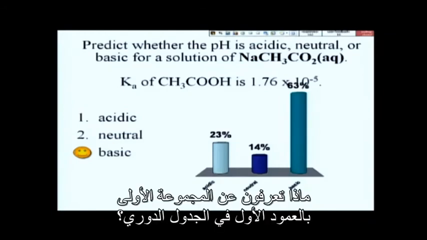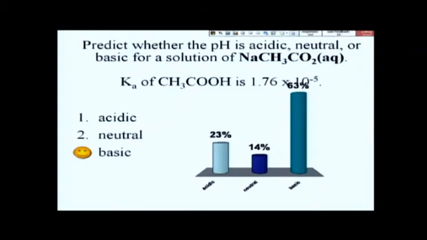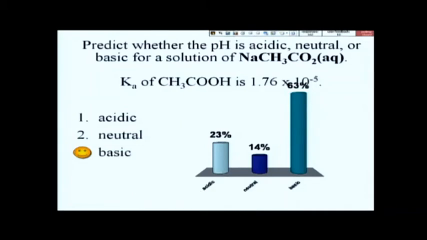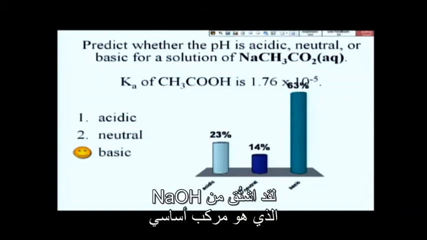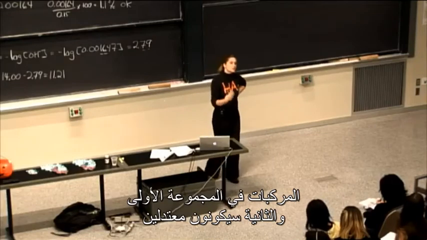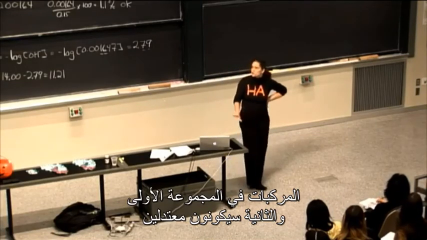What do we know about things in group 1, column of the periodic table? They're going to be neutral. Where do you think that this came from, NH plus? Where might it have come from? It might have come from NaOH. That might have been a base that was added. So it's not going to do anything for you. Things in group 1 and group 2 are going to be neutral.